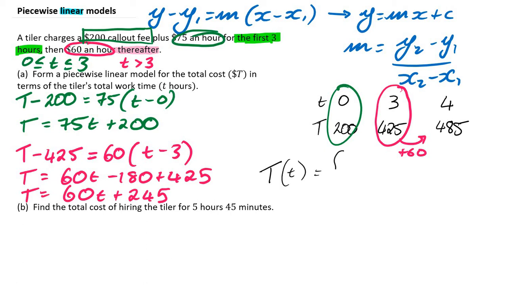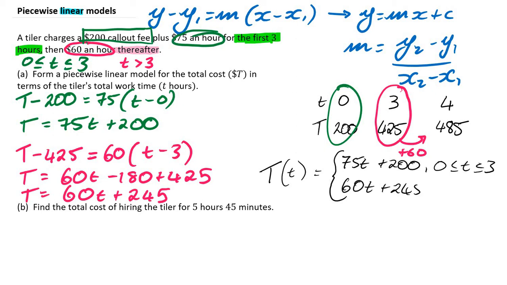As a function of time, C is equal to 75t plus 200 for t values between 0 and 3, and 60t plus 245 for t values greater than 3.